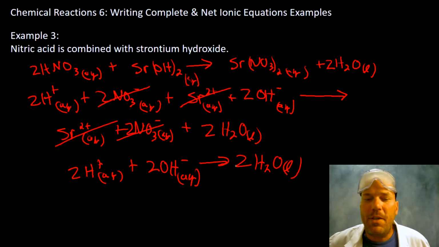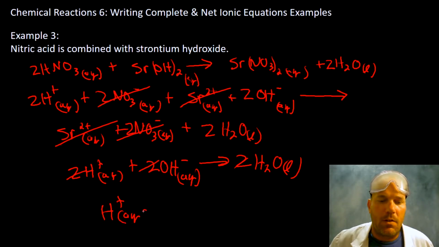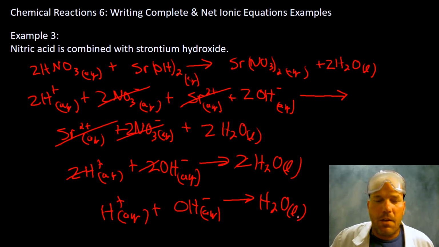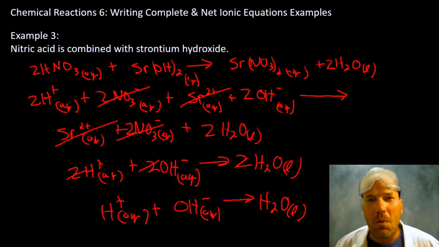And yes, we can eliminate these coefficients and simplify this. Not sure if I really need to write it out, but I'm all in at this point. Aqueous, and in its simplified final form, what are we showing here? That a proton and a hydroxide anion, when they come together, they form water.